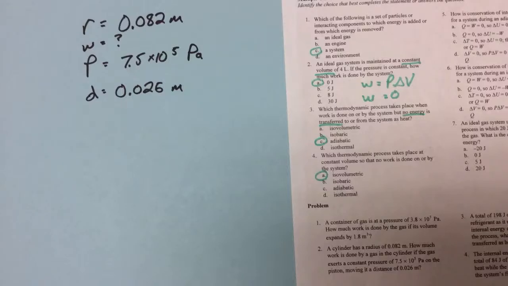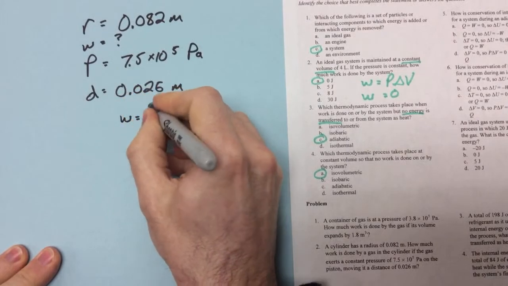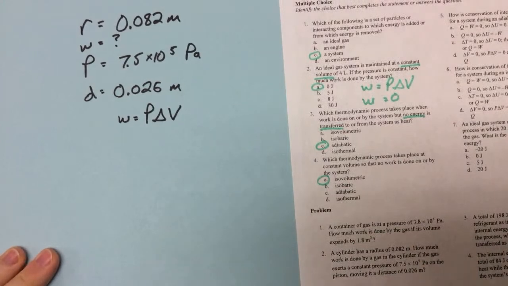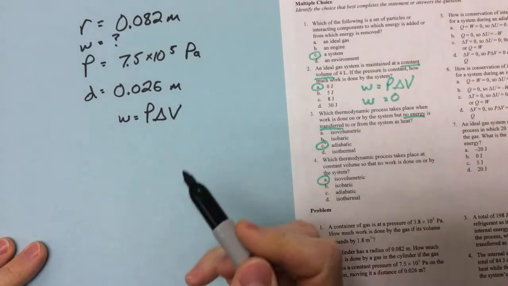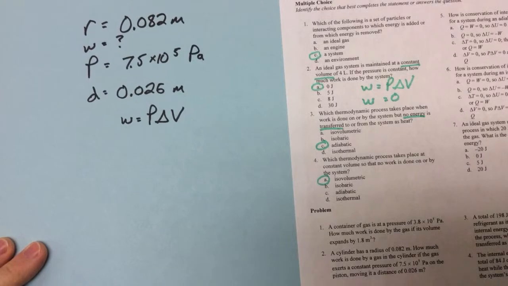Okay, so we have a radius, we have a pressure, we have a distance, and we want to plug it into the equation where our work equals pressure times the change in volume, but we don't know what that change in volume is. We know the pressure, but we don't know your delta V. So the volume of the cylinder is going to be the cross-sectional area times the distance that it's traveling, or the height.